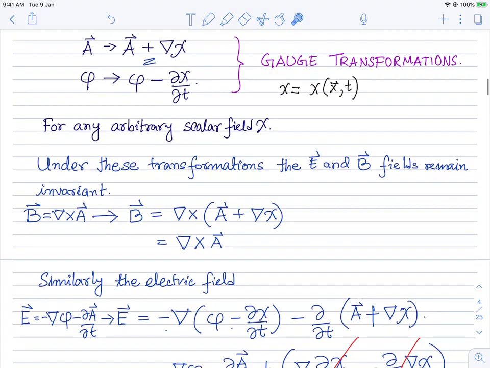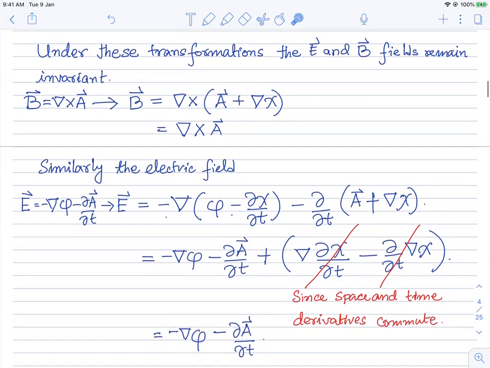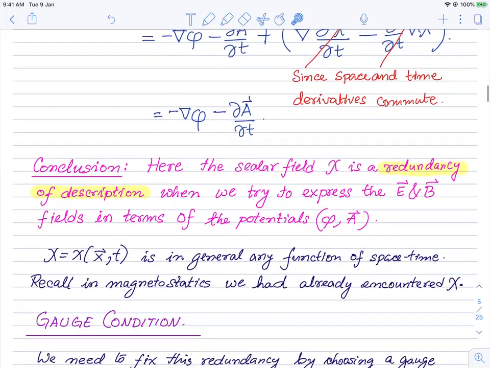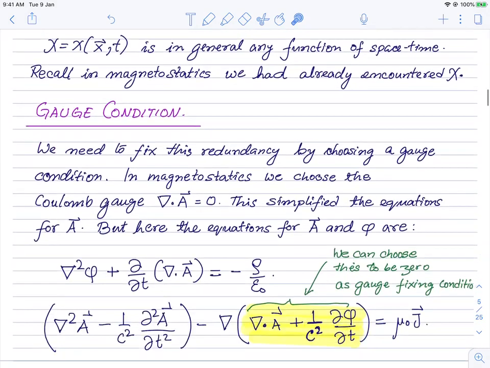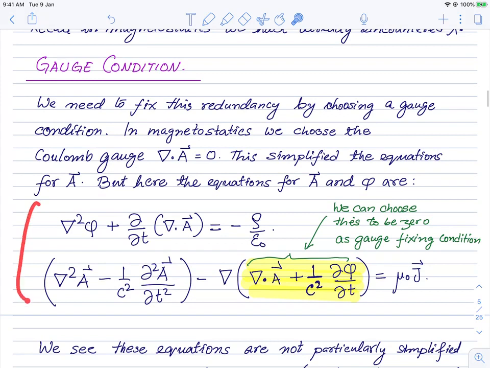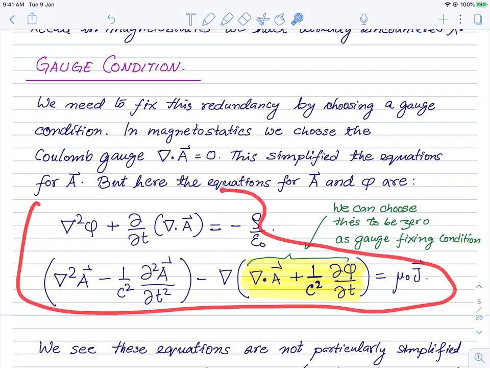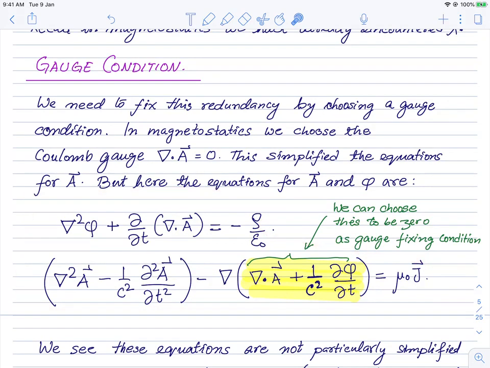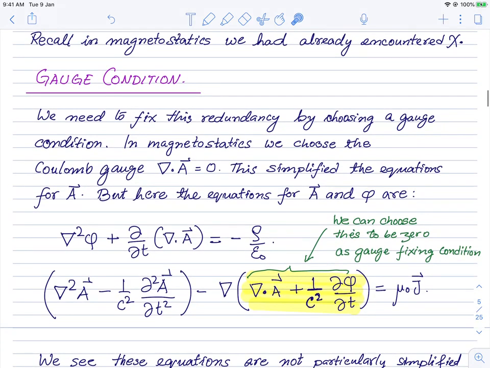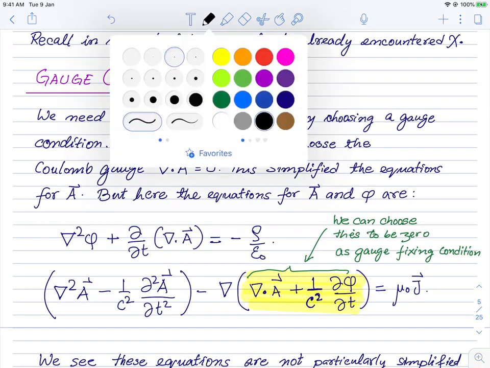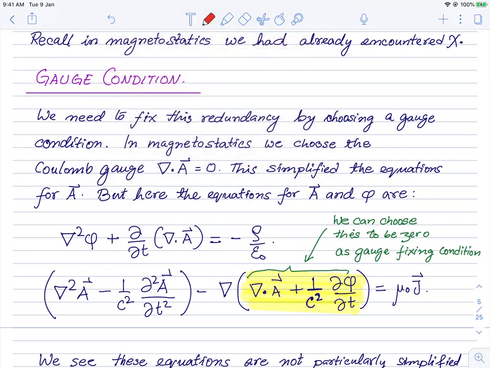If we want to see this pictorially, as we have seen, the scalar and vector potentials satisfy this particular set of equations following from Gauss's law and Ampere's law. Let's say we solve this equation for phi and A given some sources.